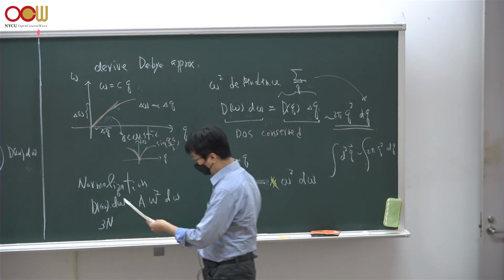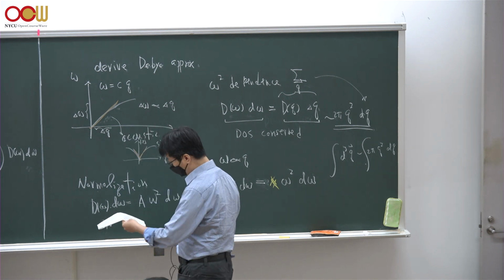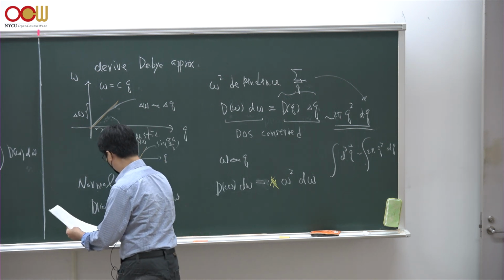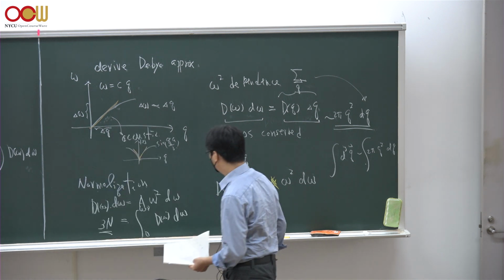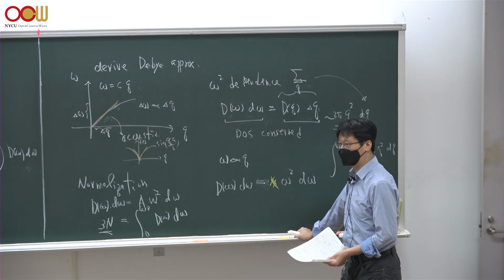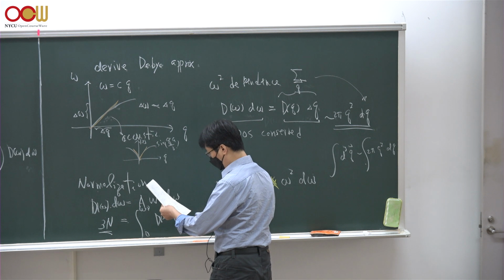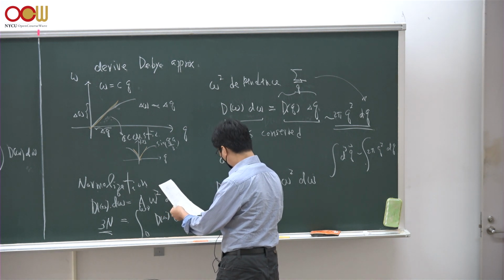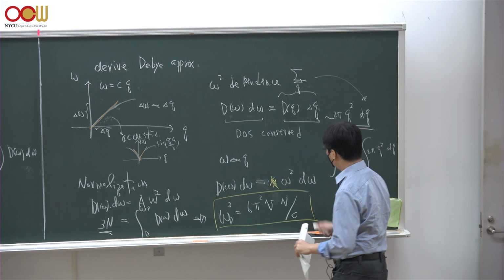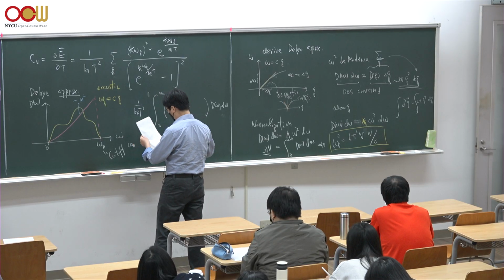Okay, so you get 3n amount of particle number, or these phonon states, which is the integral over all the density of states from 0 to the Debye frequency omega d, and therefore you know what this Debye frequency is. So we may end here today, but let me just make a final remark.